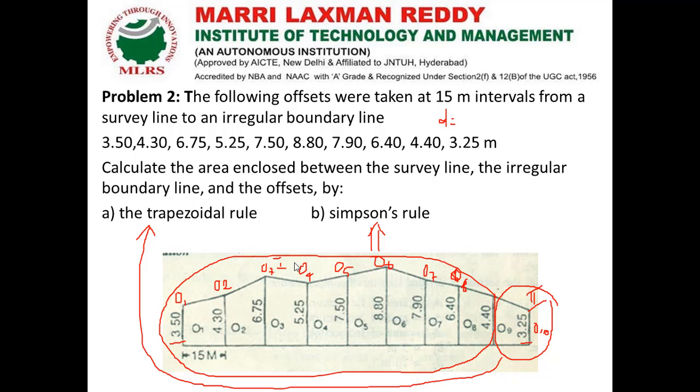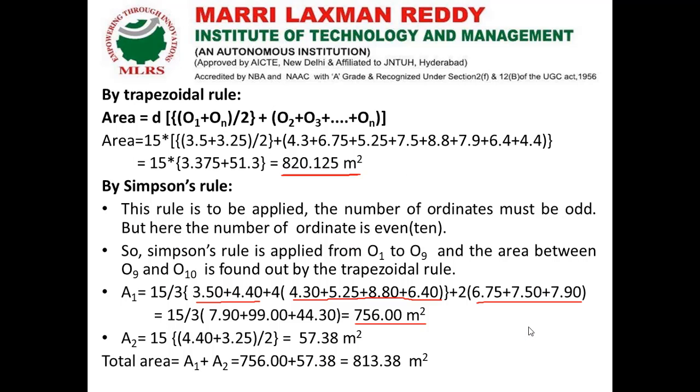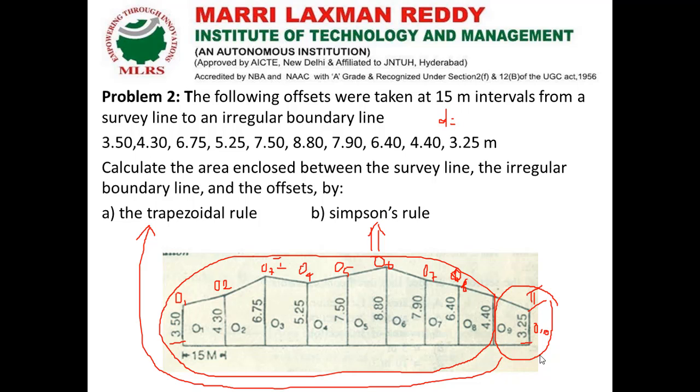This is with respect to our part 1. Next, part 2, that is for the last two ordinates, which we can calculate using the trapezoidal rule. That is d into first ordinate plus last ordinate divided by 2. Here O9 is the first ordinate and O10 is the last ordinate for this part 2.